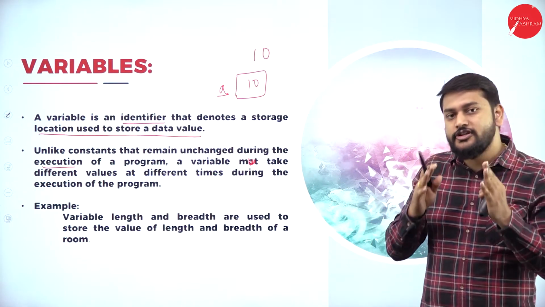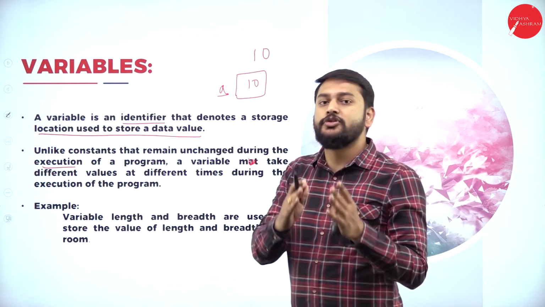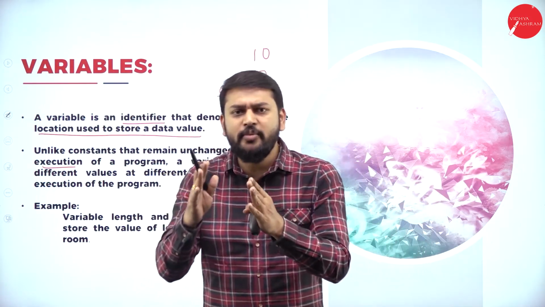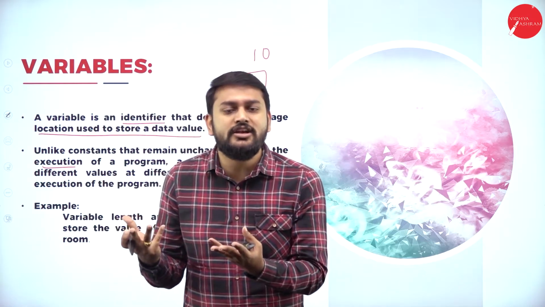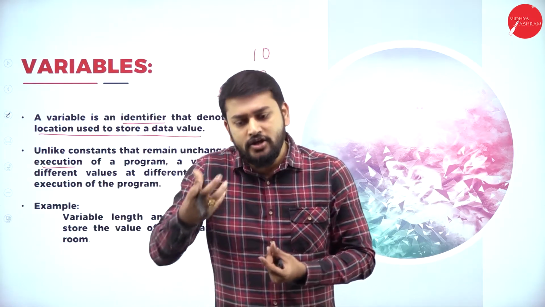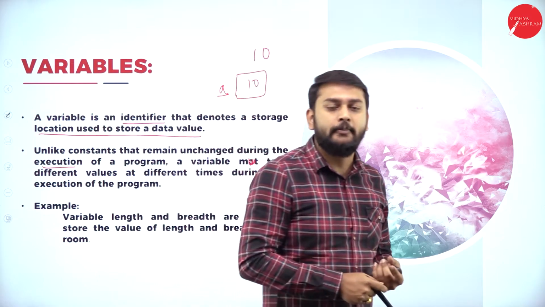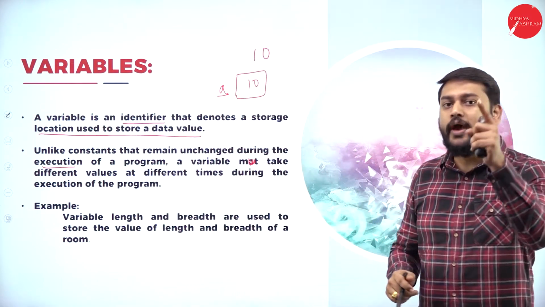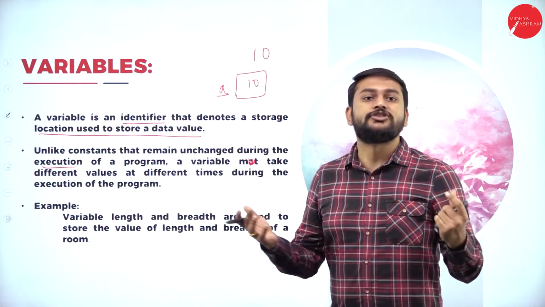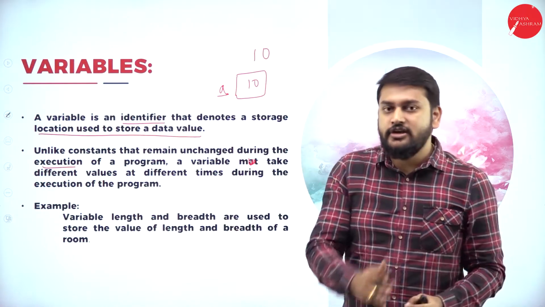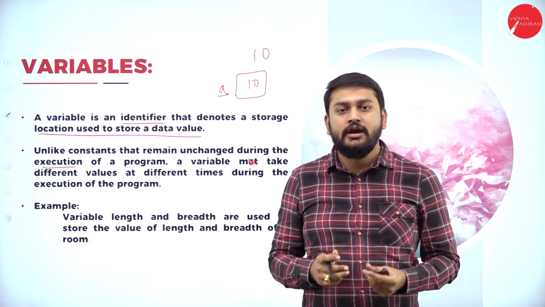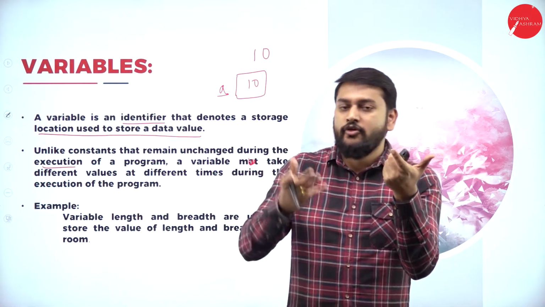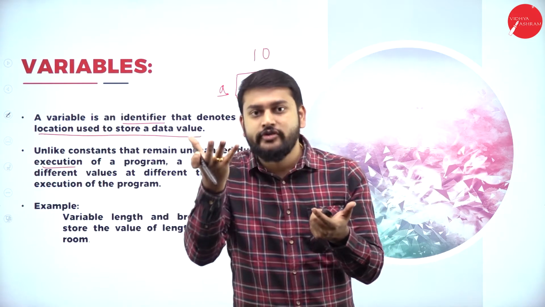That is the major difference that you need to remember with respect to constant and variable. Variable in the sense it varies throughout the execution. What exactly is varying? The value is varying throughout the execution of the program. But when it comes to constant, it is not like that. It is constant throughout the execution of the program. Three things you need to remember, my dear darlings: constant, variable, execution of the program.